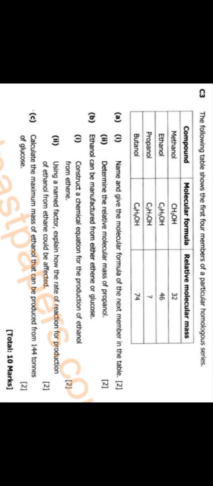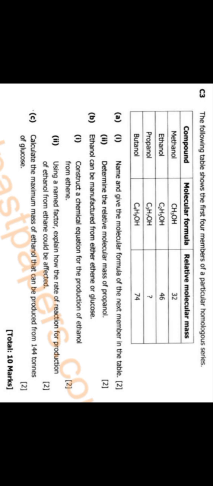Lastly, oxygen is 16. Adding carbon 36 plus hydrogen 8 plus oxygen 16, we get the final number, the relative molecular mass of propanol, which is 60. So the question mark is 60.